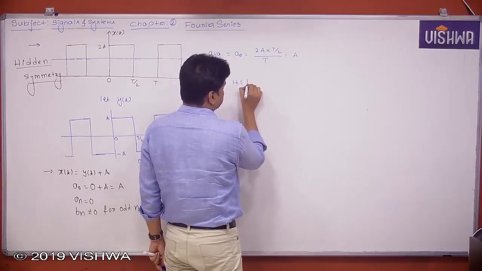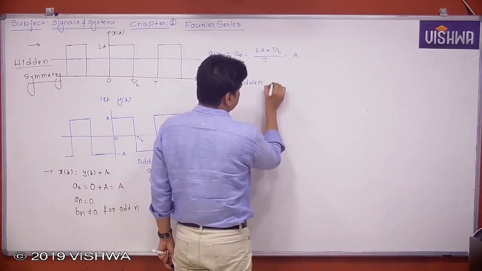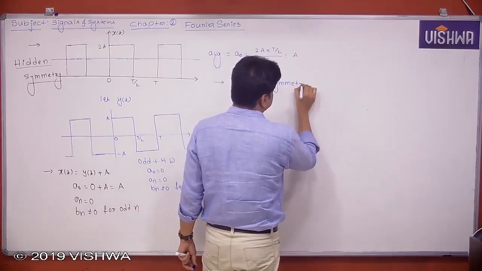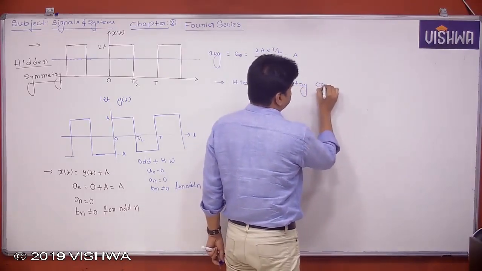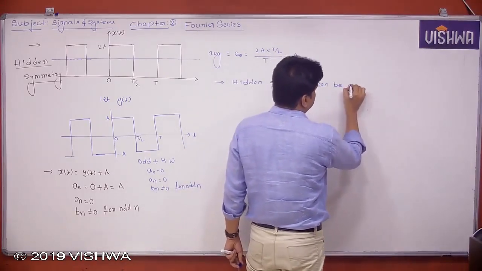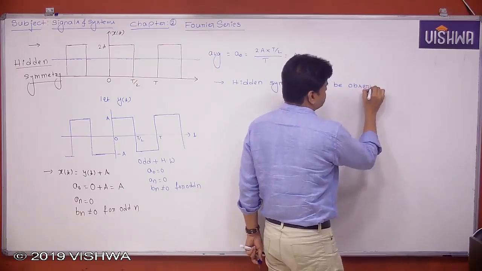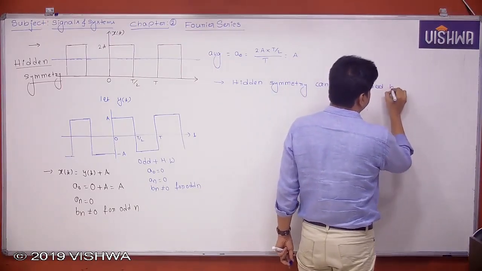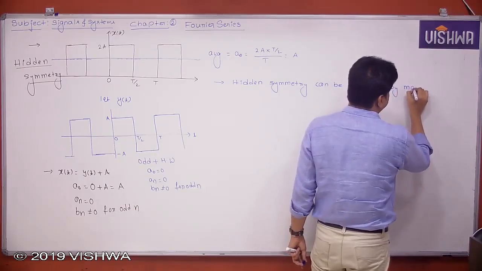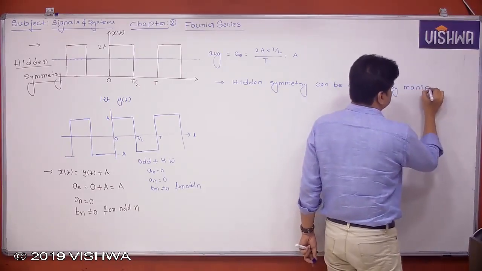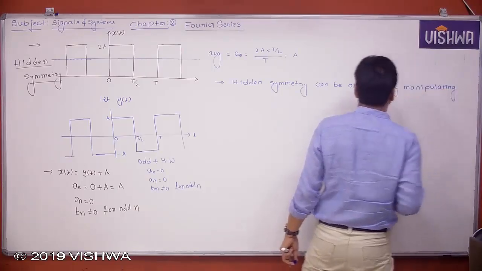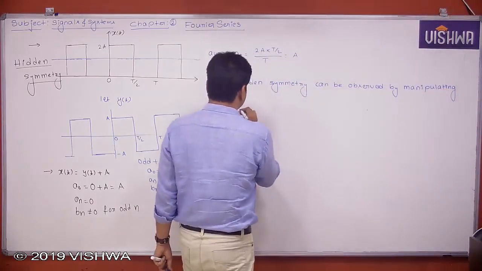So I am writing that hidden symmetry can be observed by manipulating the DC value.